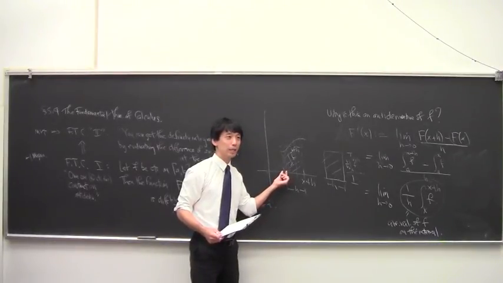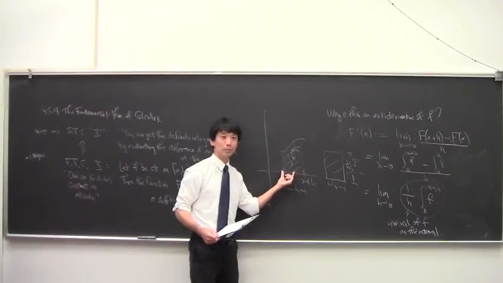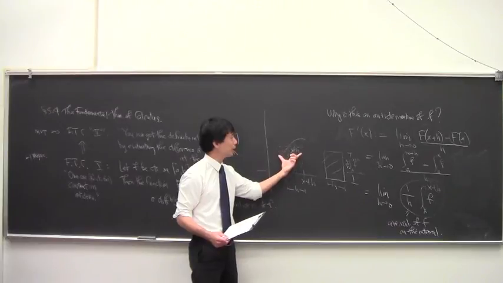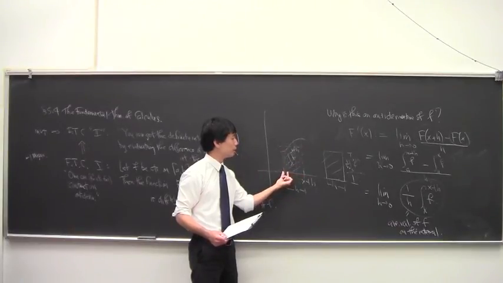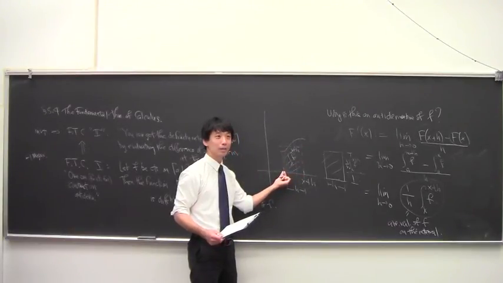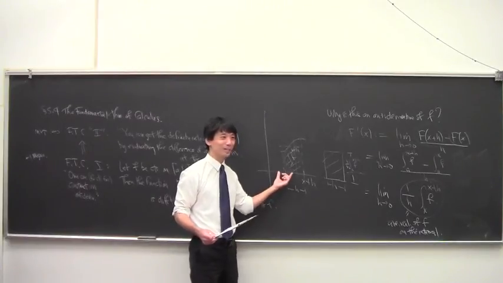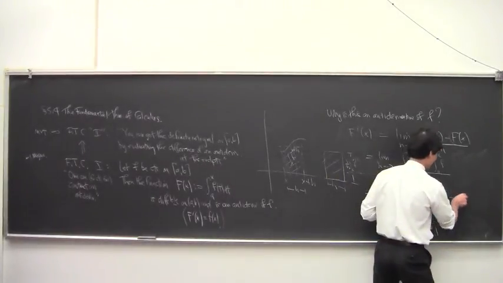What does that average height tend to as the interval gets smaller and smaller? Yes, it is f of x. It'll tend to f of x.